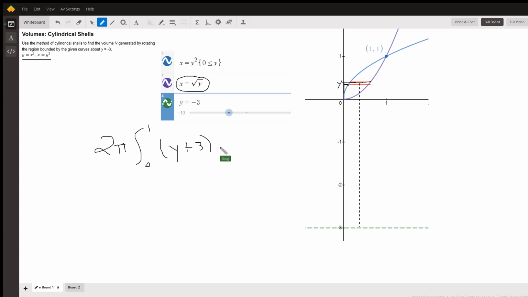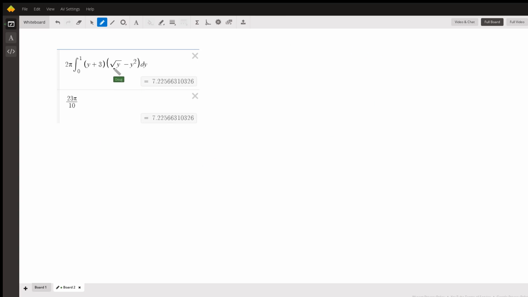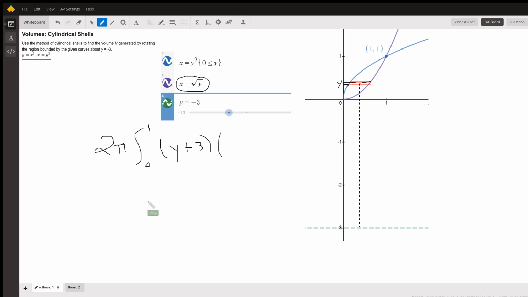And the height of the shell is going to be, well, here I have it on board too, the square root of y minus y squared. And we're going to integrate with respect to y.